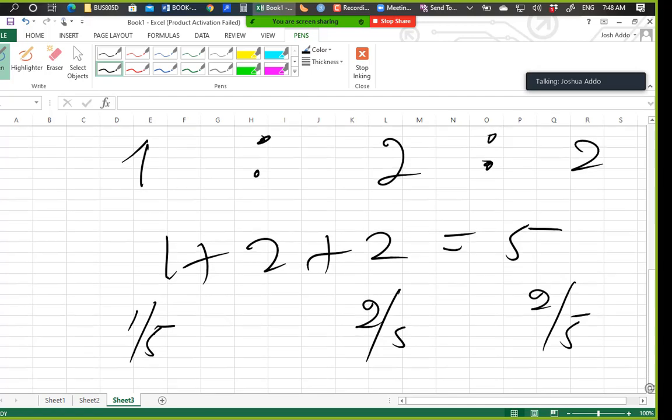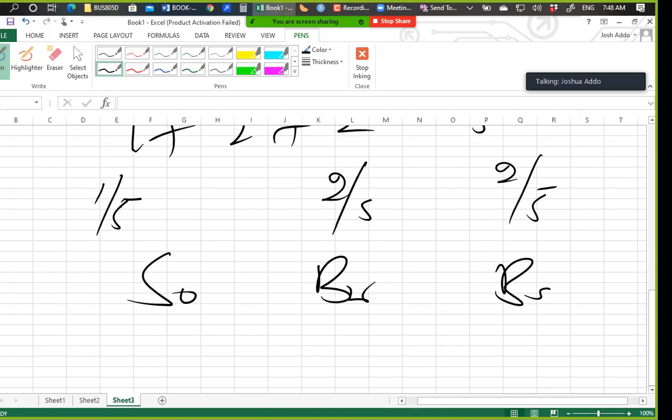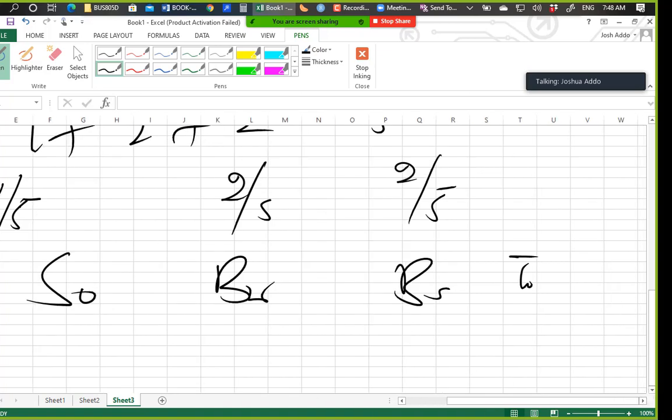So you can also calculate the sales mix between them by doing, let's say, Sobolo, bread, biscuits, and a total column. If the quantity of Sobolo sold is, say, 1,000, bread is 2,000, and biscuits is also 2,000, the total will be 5,000 units sold. You can use the same 1, 2, 2; it will give you the same figures.